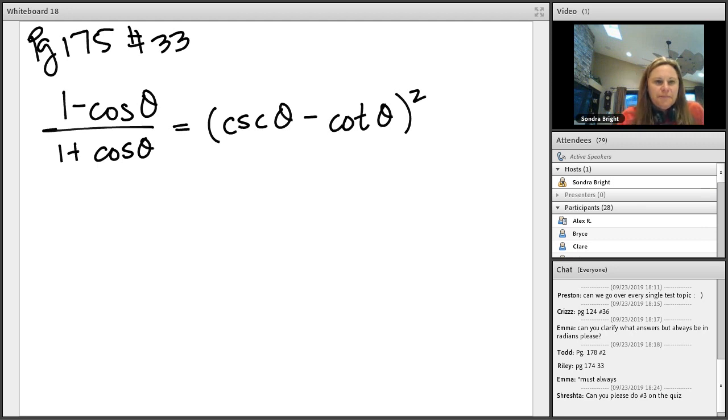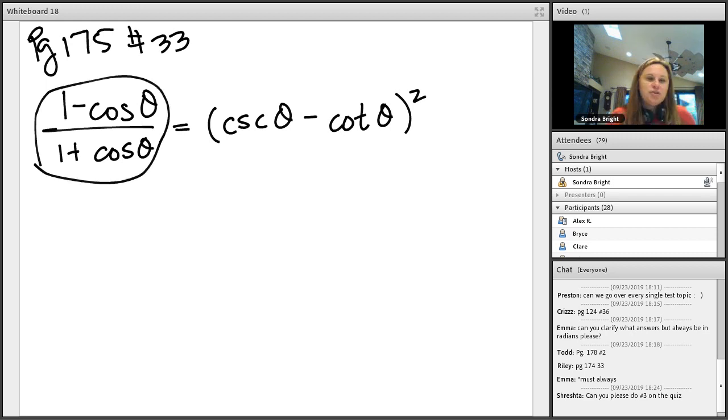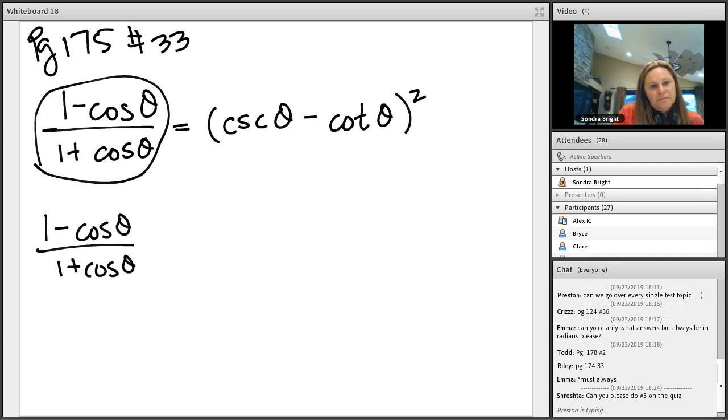Okay, so I think what I would do is work on the left-hand side. And remember, with these proving or verifying identities, you're going to work on one side and one side only. And so I would start on this left-hand side, and I would multiply by the conjugate of the denominator. So multiply by 1 minus cosine theta.